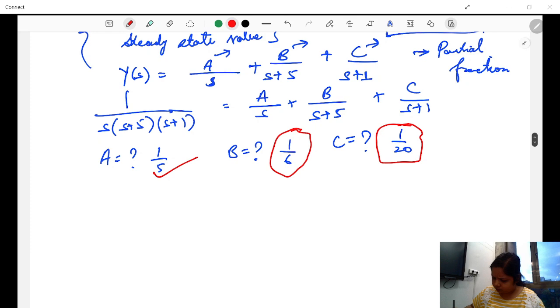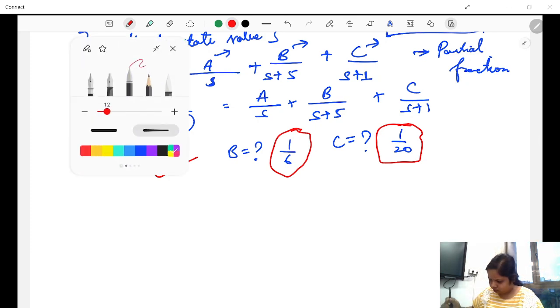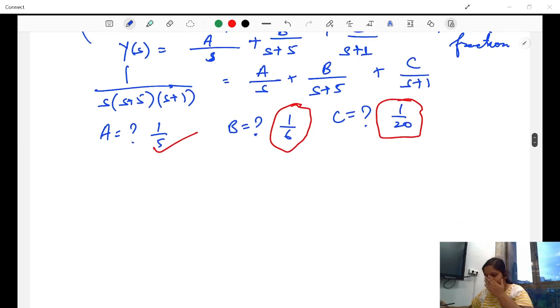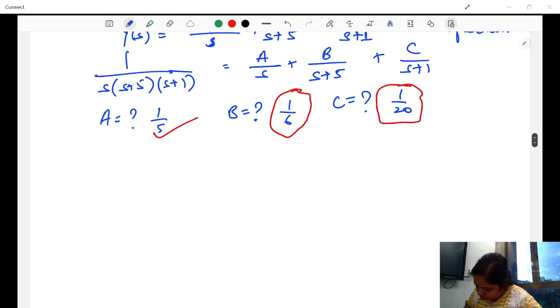Ma'am, here B is equal to 1 by 20 and C is equal to minus 1 by 4. Check your calculation once. There is some issue with the calculation. Do it once again. Yes, ma'am, C is minus 1 by 4.